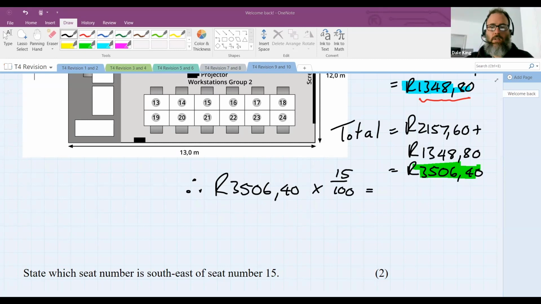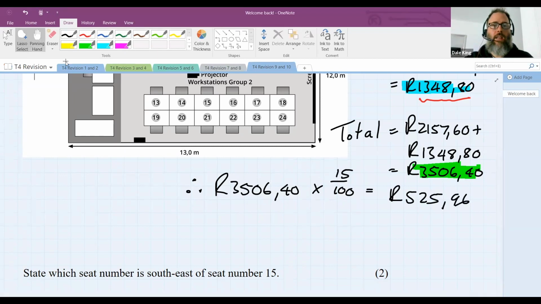So it's going to be 3506.4 times 15 over 100. That gives us the VAT that's going to be added on. The VAT portion only is 525.96.